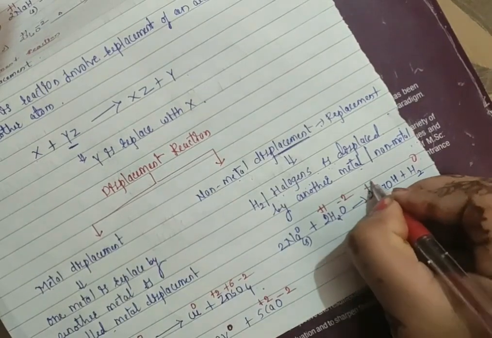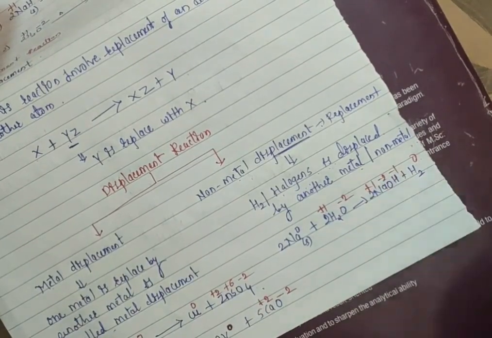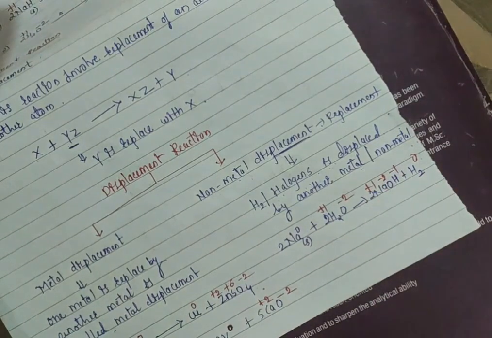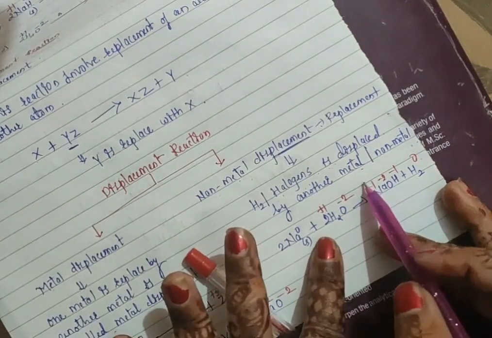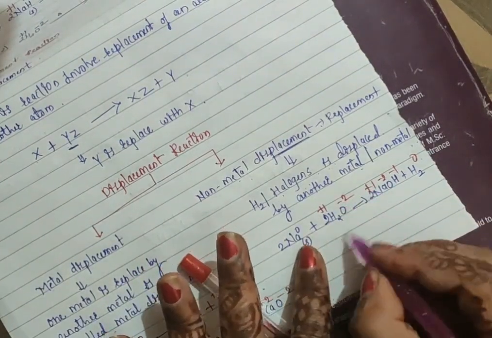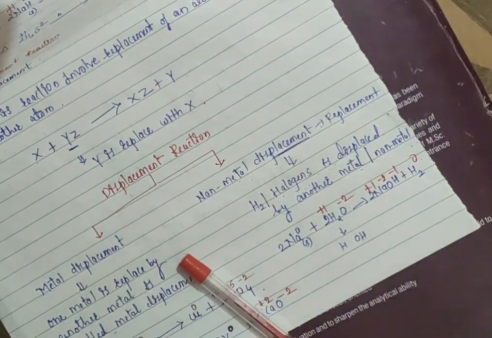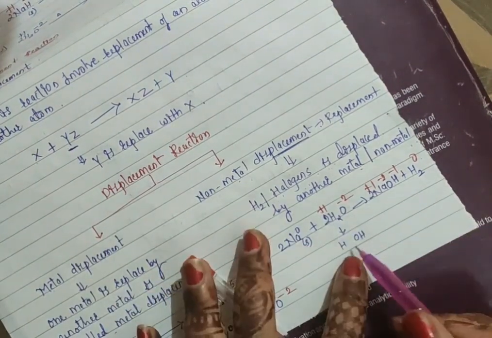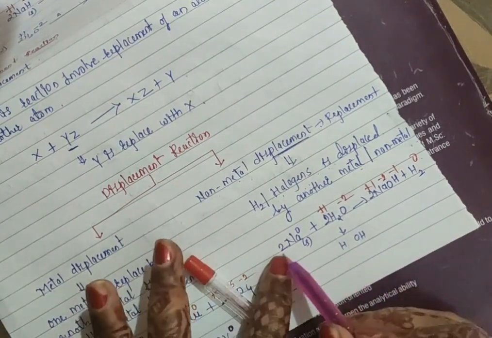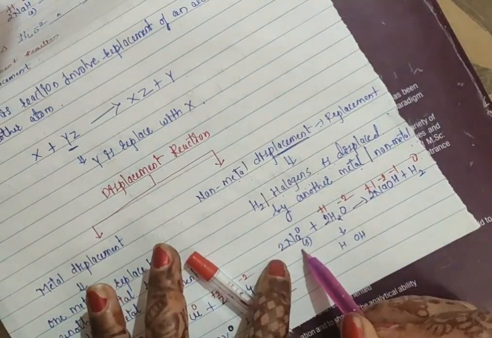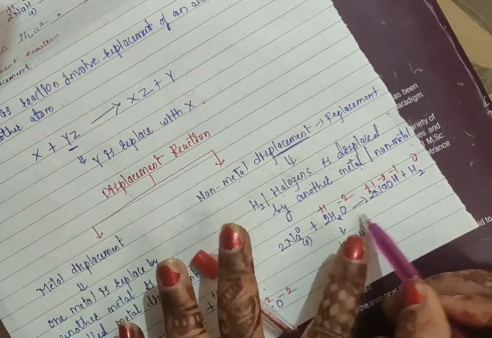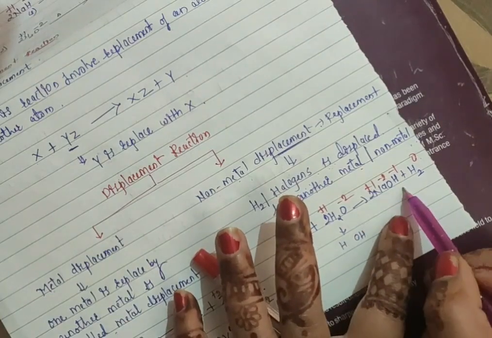Sodium has +1, oxygen -2, hydrogen +1. Now see here. In the water molecule we have H and OH. Yes or no? When I combine H and OH, I get a water molecule. Here we have a metal. So this metal reacts with the water molecule and I get sodium hydroxide.